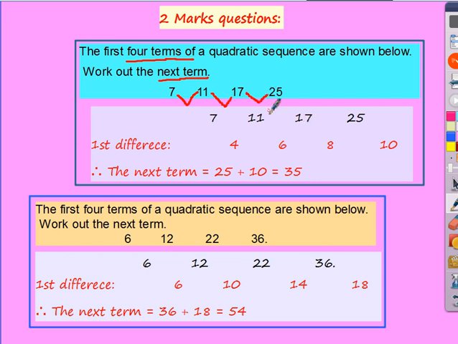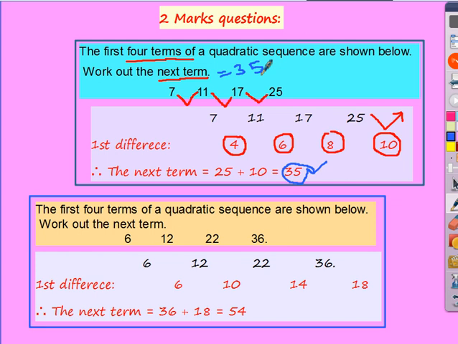So you may get the difference. So the first difference comes 4, 6, 8, and then next will be 10. So you can add and you can get the next term. So 25 plus 10, so 35 is your next term. Easy. So your answer came 35.